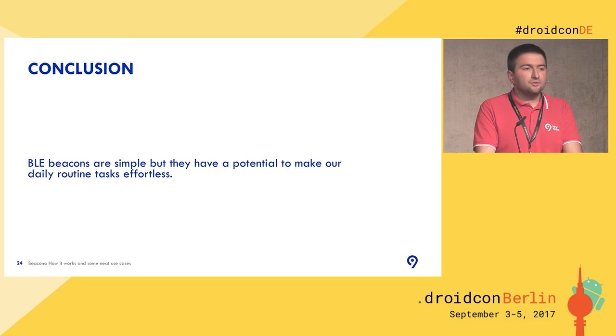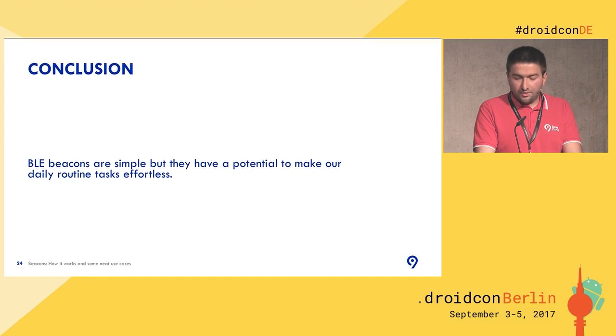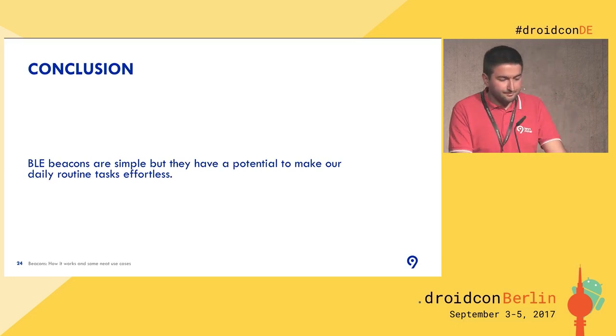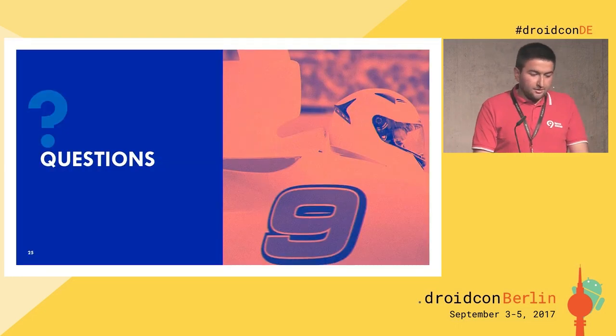So you can use them to augment the experience users have of your app. You can provide them with services that will make their lives much easier. And I believe this is one of the greatest potentials of this technology. So thank you.